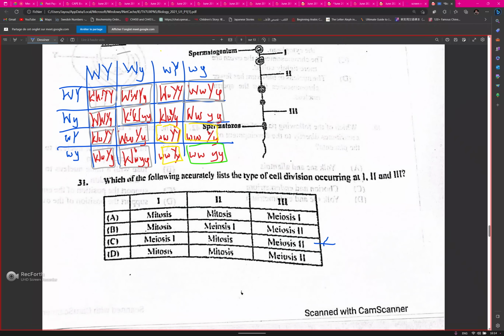Wait, isn't mitosis first? Yeah, you start with mitosis. So we're saying that the spermatogonium grows and matures first through mitosis, and then it splits through meiosis 1, then produces spermatozoa through meiosis 2.